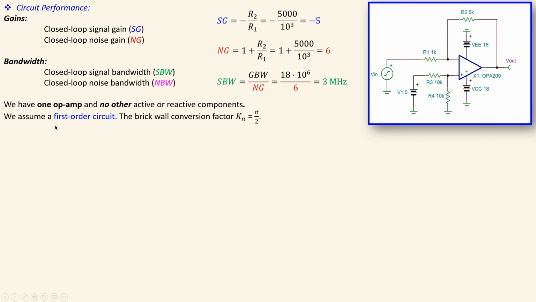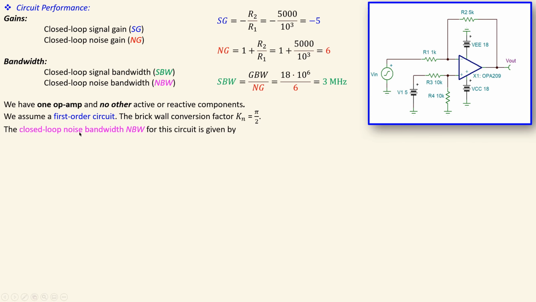And for a first order system, we can use in the noise analysis the brick wall conversion factor. This K sub n is then pi over 2. If you have, of course, a second order system, this will change. There are other values. You can also find it on the internet. But this is the value we will use for a first order system. I won't derive this value. This is just what we use.